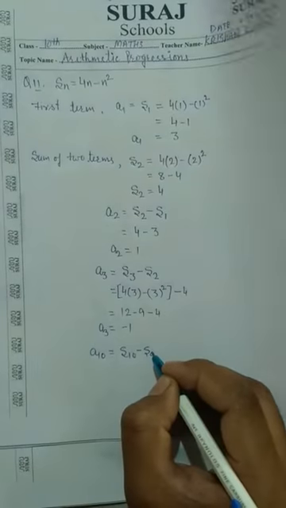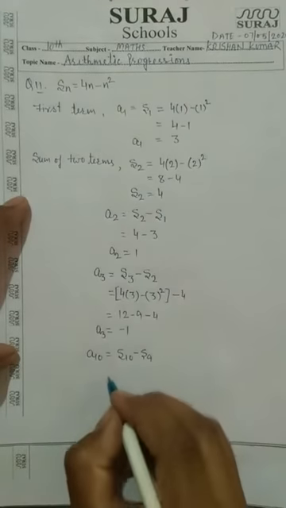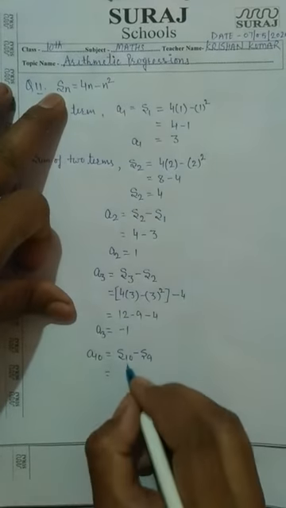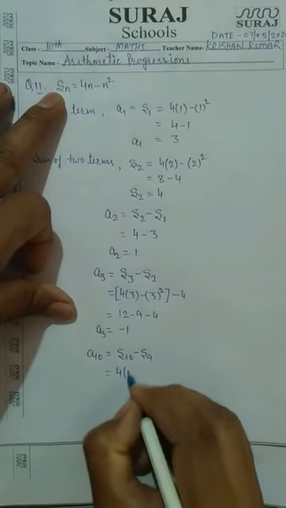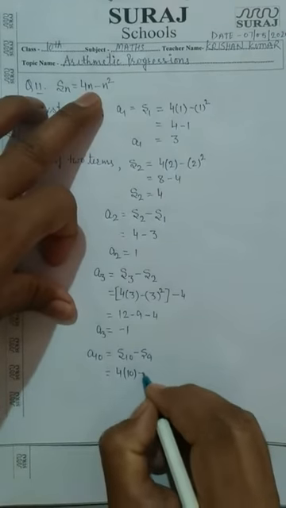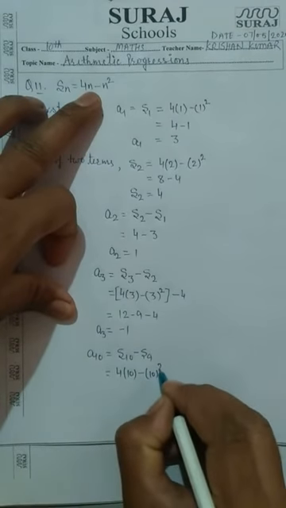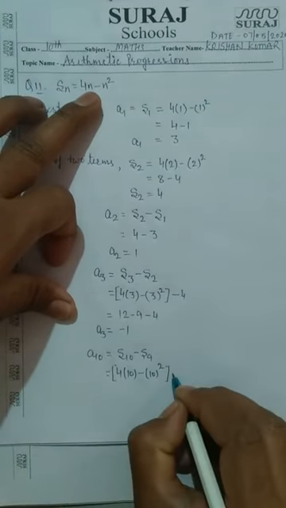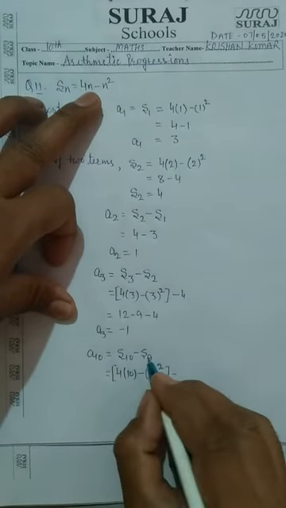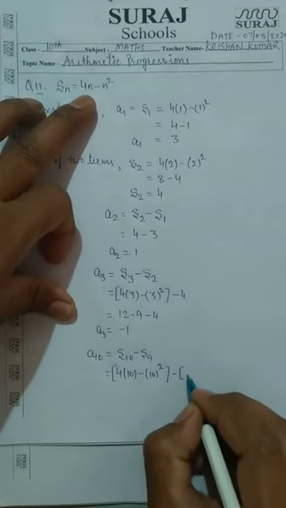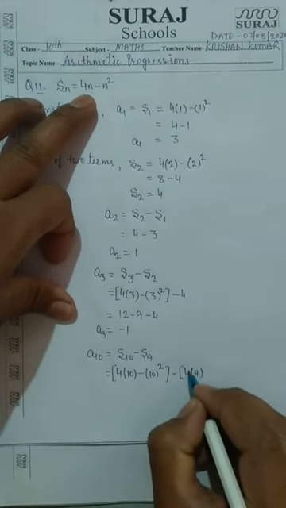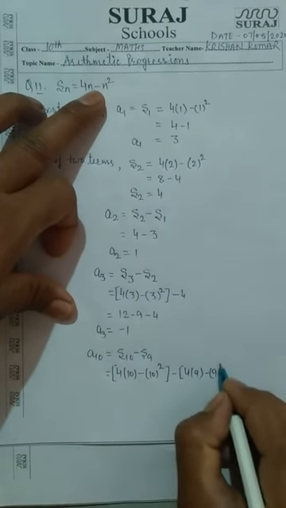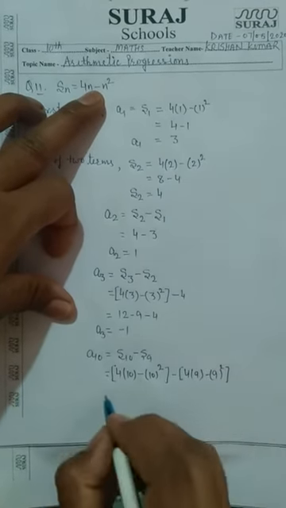S10 means in the formula Sn we place n equal to 10: 4 into 10 minus 10 square, big bracket close, minus S9. S9 means place n equal to 9: 4 into 9 minus 9 square, big bracket close.